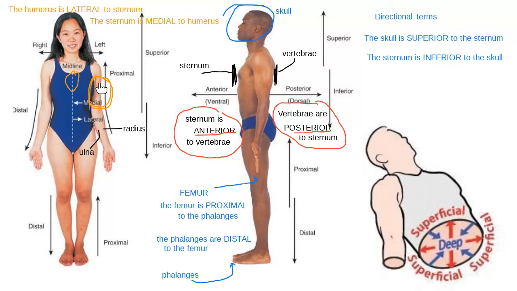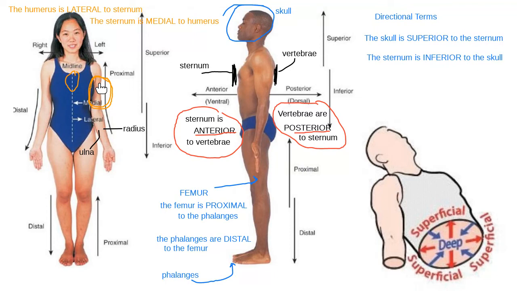There's a question in the chat: will proximal and distal always be used when referring to where a bone attaches? I think what your question is getting at is, when I'm comparing two bones on an arm, do I always use these words? And the answer is yes.